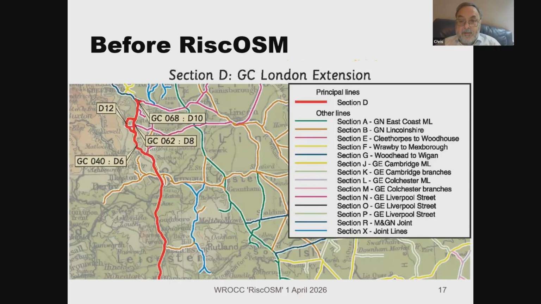Now, before RiscOS came along, you can see there that that's one of the maps I produced using BBC Basic and Make Draw and the scan of my mother's geography atlas, guessing roughly where the lines should run. And if you look carefully, you'll see that the lines don't quite line up with where the lines are shown on the map, because they showed the lines on the map in nice freehand depictions that weren't accurate.